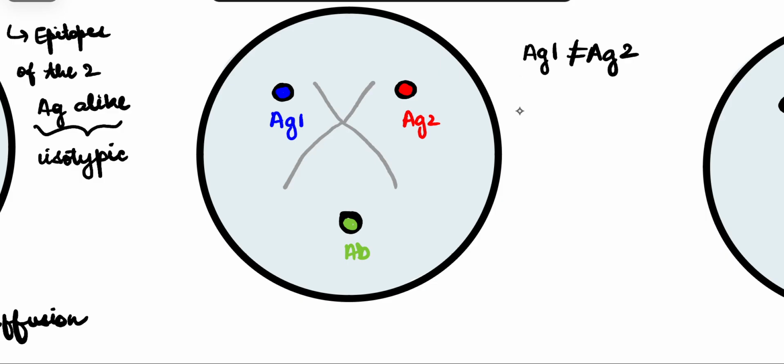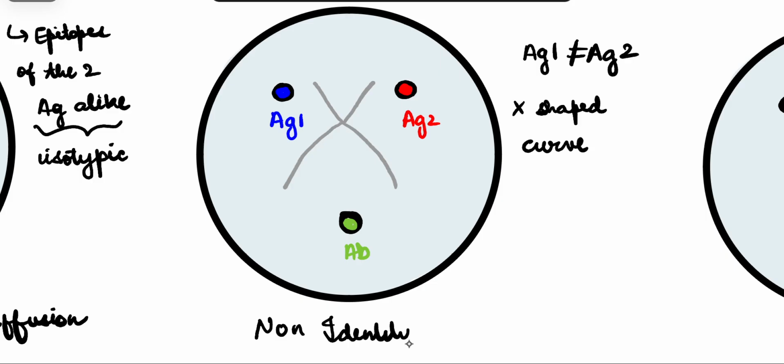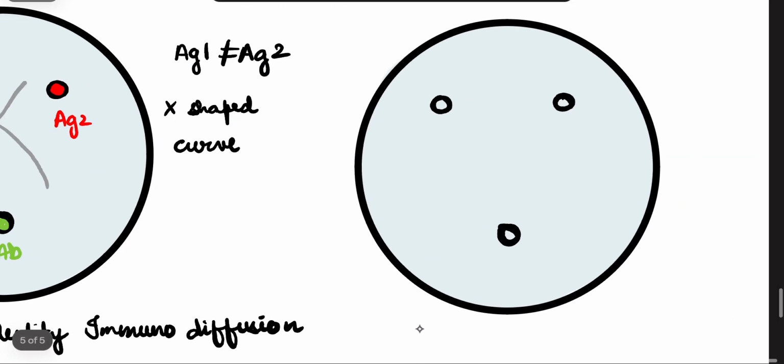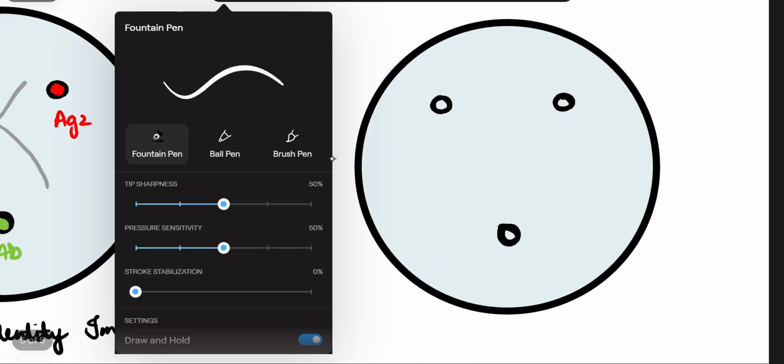Whenever we get this X shape of curve, we say that the two antigens are not at all alike, their epitopes are very different, and hence the antibody has reacted differently to them, and this is what we call non-identity immunodiffusion.